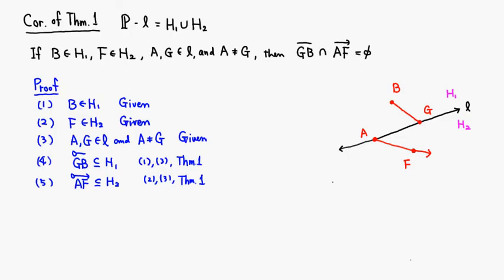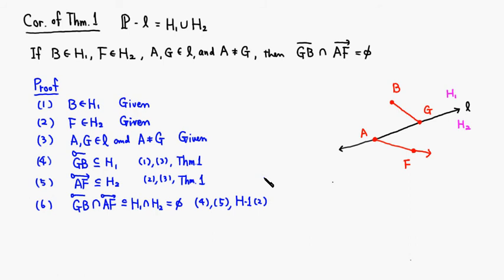Therefore, number 6: if you intersect the half-open, half-closed segment GB with AF, this is going to be contained in the intersection of H1 and H2, but there's nothing in common, so this is an empty set. So we know that the intersection is an empty set. I'm just combining number 4, number 5, along with H1 part 2.